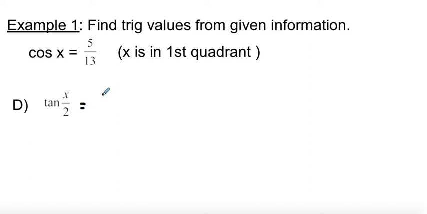So we could use this one, the sine, because we already found these. Half angle there for sine, the half angle here for cosine. We already found those 2 values.